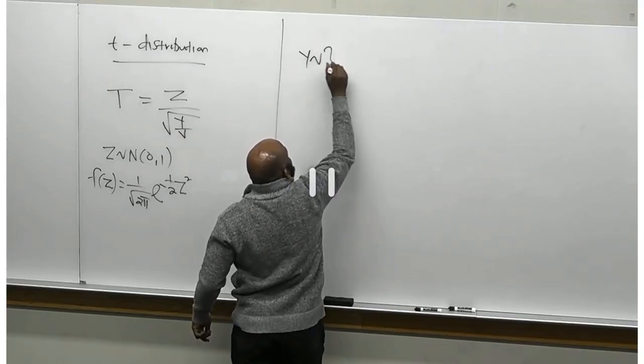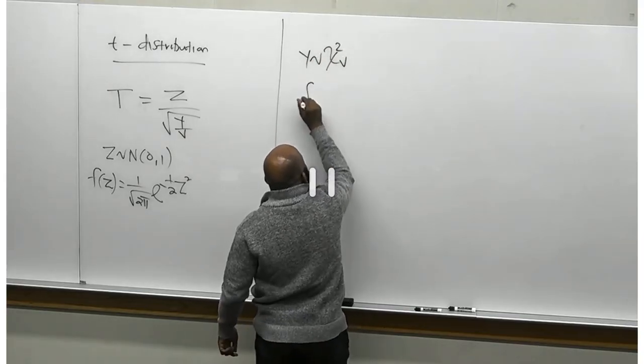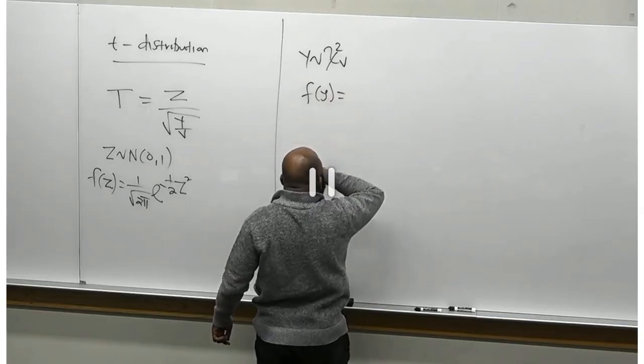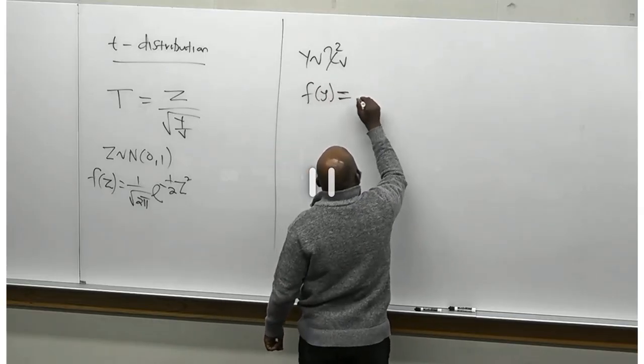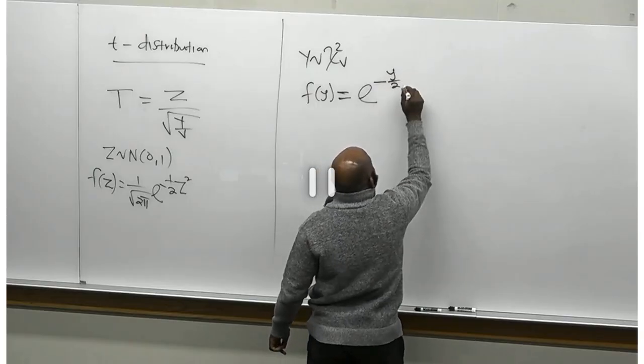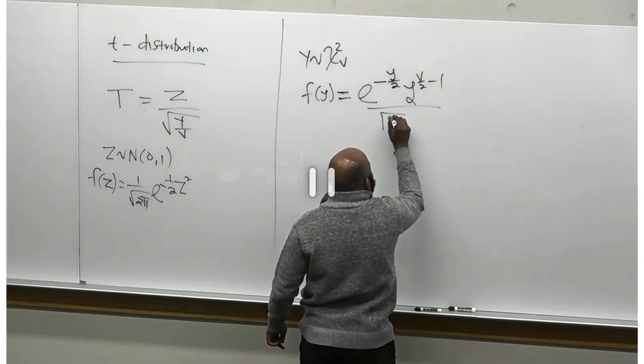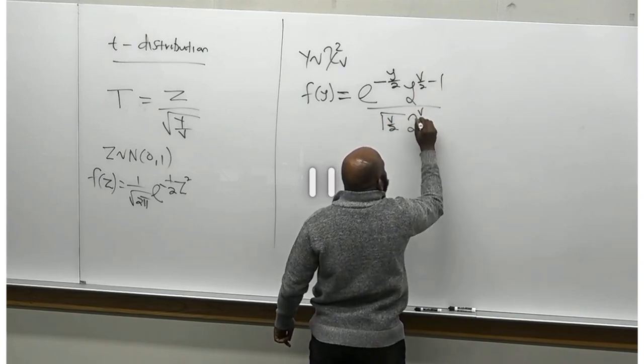Y follows chi-squared with V degrees of freedom. f of Y will be exponential raised to the power negative Y over 2, Y raised to the power V over 2 minus 1, divided by gamma V over 2, 2 raised to the power V over 2.